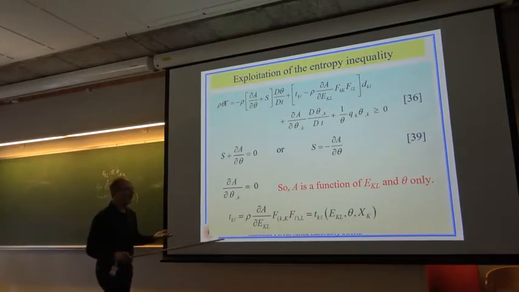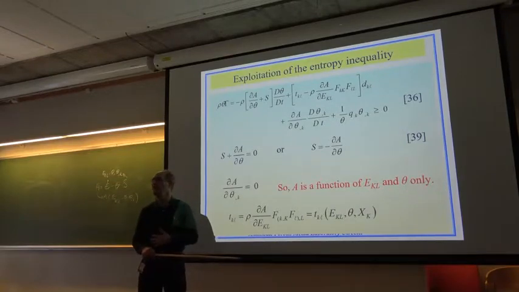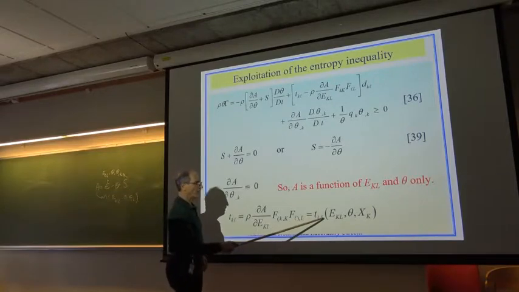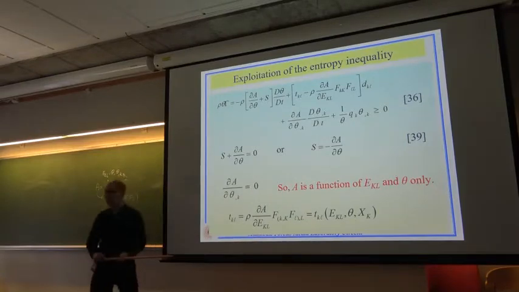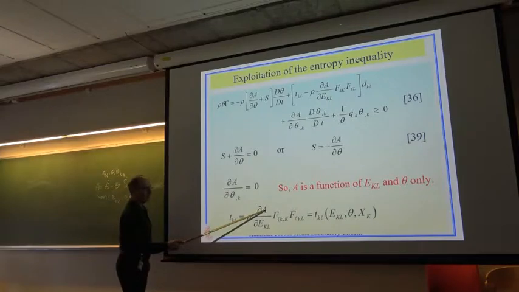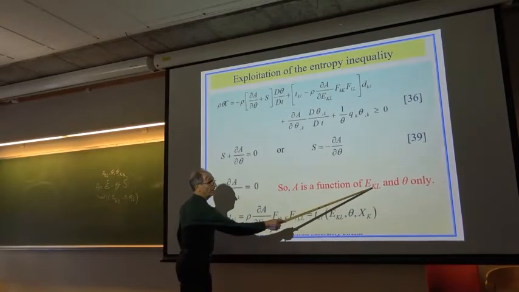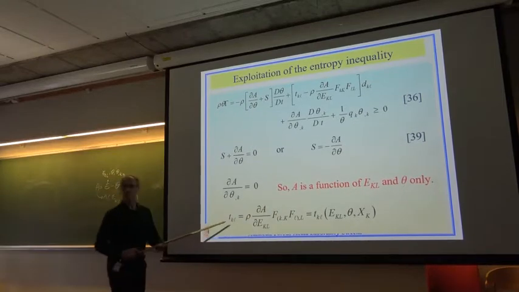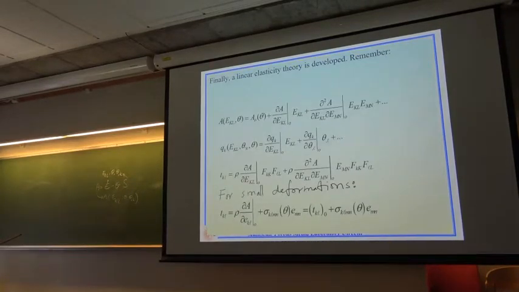One way to do that is to say, okay, my material behaves linearly in terms of a stress-strain relationship. So I'm going to derive a linear relationship for T_KL, and I do that by expanding A in terms of E_KL, and then leaving out some higher order terms.